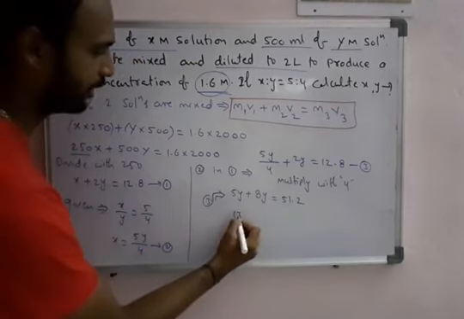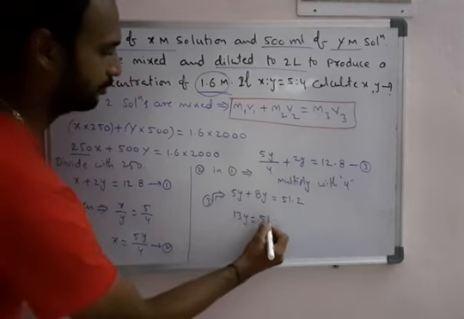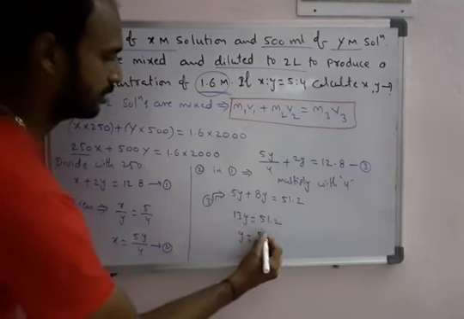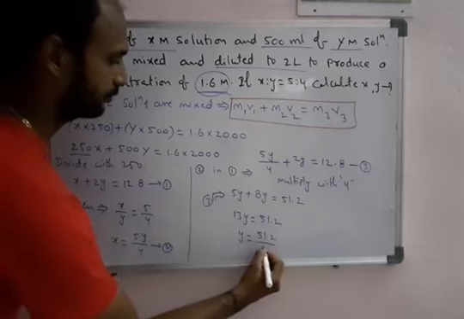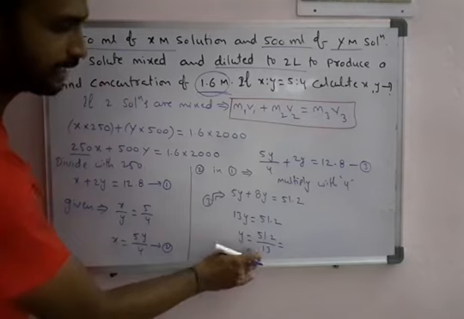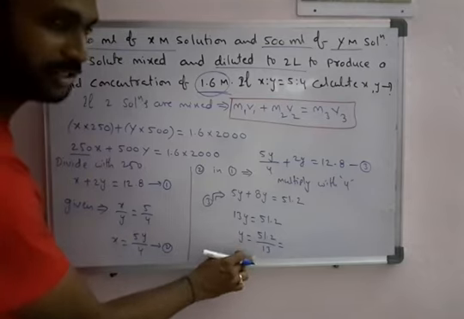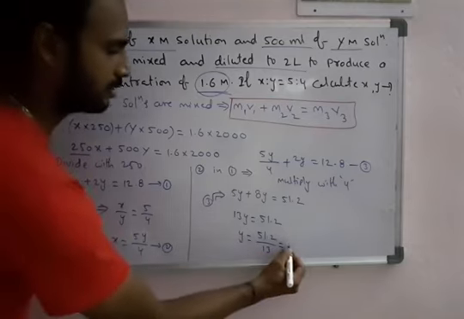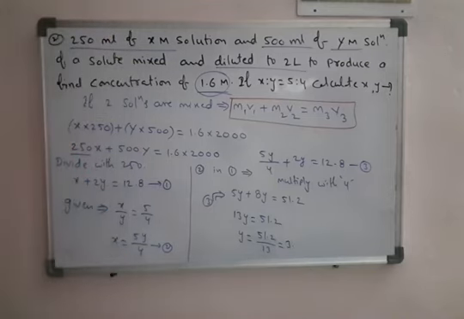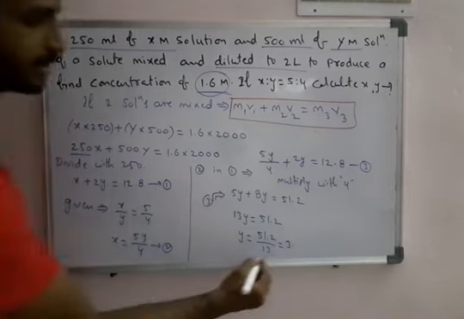So therefore 13y is equal to 51.2, and y is equal to 51.2 by 13. Generally approximately it is 4, 13 fours are 52, so it is somewhat less. So that is approximately near to 4, that is 3.94.